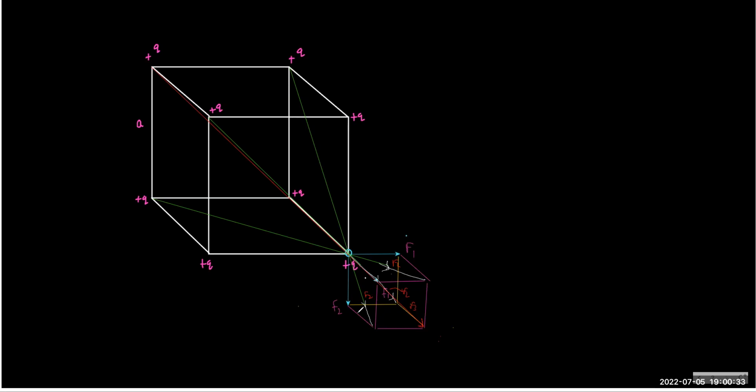Now the question is, it's very difficult to look at this picture and solve because we do not know what angle these forces make with the body diagonal. We have no idea.